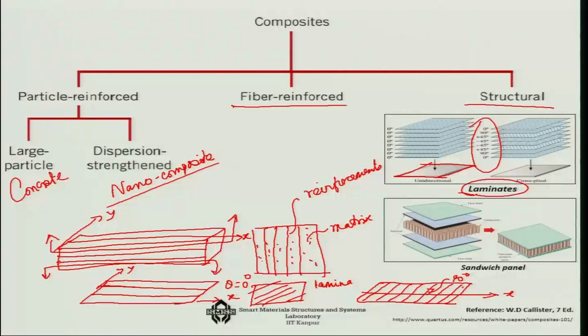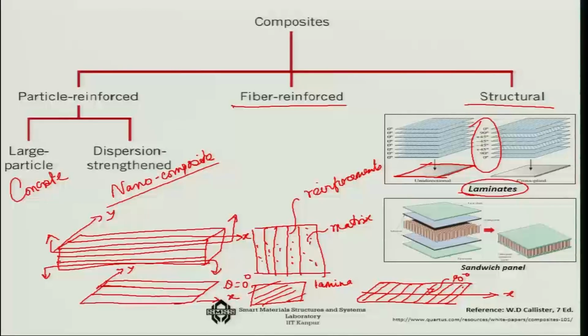Why are we doing it like that? Why are we keeping one at 0 degree, one at 90 degree, etc.? There must be a reason for it. The reason is that the lamina is highly anisotropic in nature. Now, generally reinforcements provide the high elastic modulus, because they have higher modulus of elasticity.